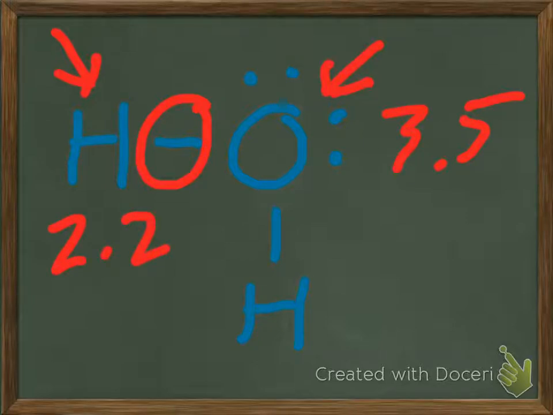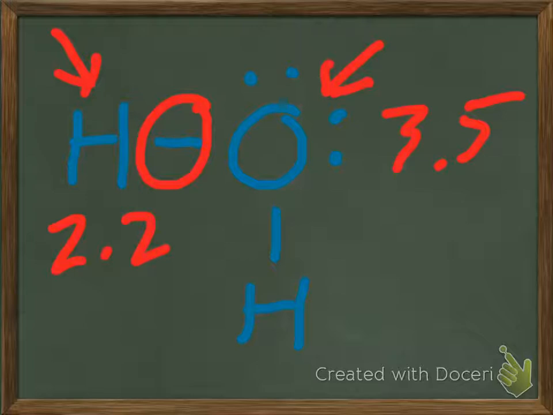As we compare those two, you notice that oxygen has the higher value. Higher electronegativity means it is stronger. So if you think of this as physical strength in that tug of war, oxygen would be the bigger, stronger atom, and it would pull the electrons towards itself. It would be winning that game of tug of war.